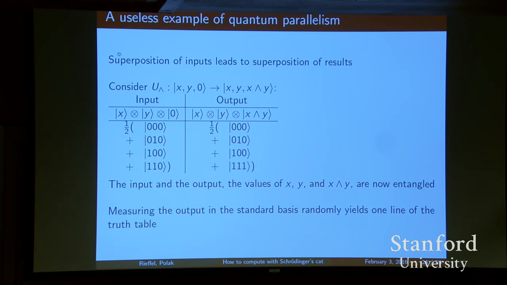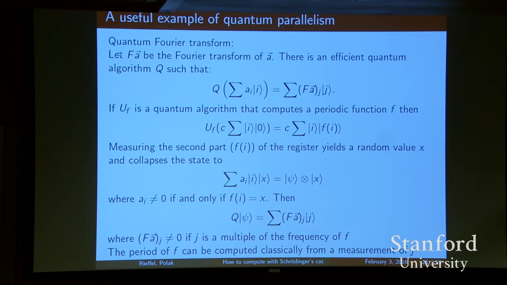If we measure the state, no matter in what order we measure these qubits, we end up getting one row of this, one basis vector, and we don't even know which one we get. So if you think of this as the truth table of AND, by doing the measurement we get a random row of that truth table, which is not particularly useful.